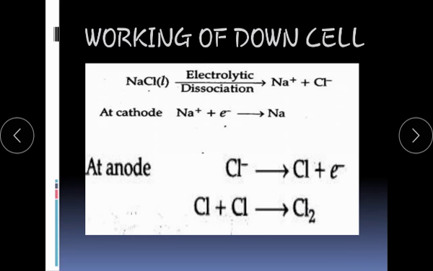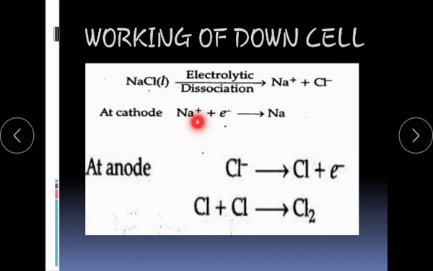Working of the Downs cell: the fused NaCl produces Na positive and Cl negative ions which migrate to their respective electrodes. These electrodes are separated by steel gauze to prevent contact between the products. At the cathode, reduction always occurs, and at the anode, oxidation always occurs.